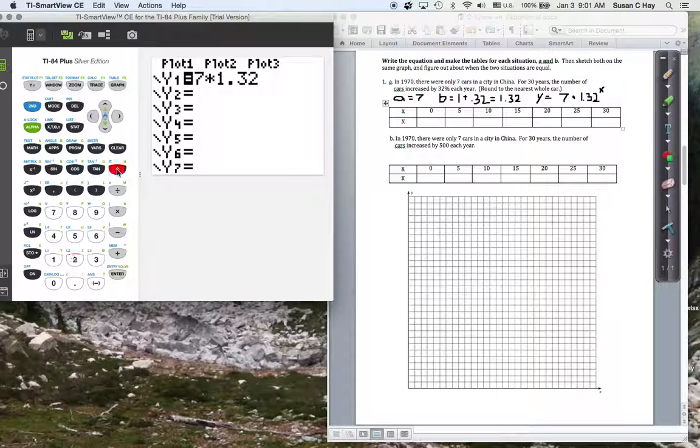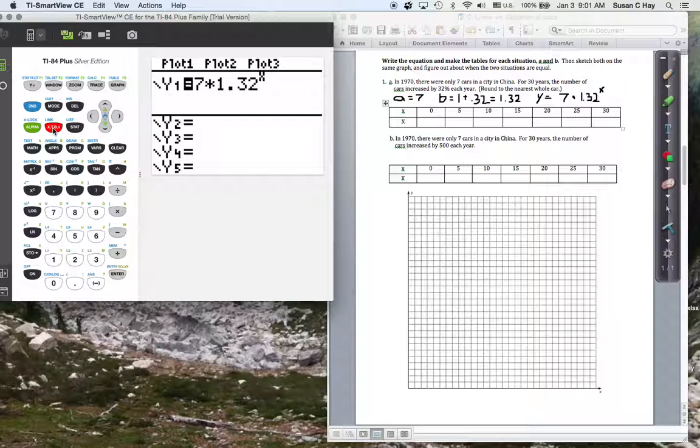So when I hit that key, it's going to give me a little place to put an exponent. And this is your variable key here. The default is x. You don't have to worry about any of these other variables. So just hit this is x. So we have 1.32 to the x.